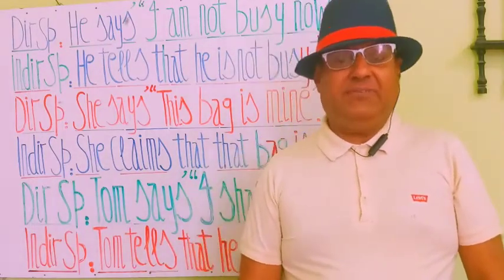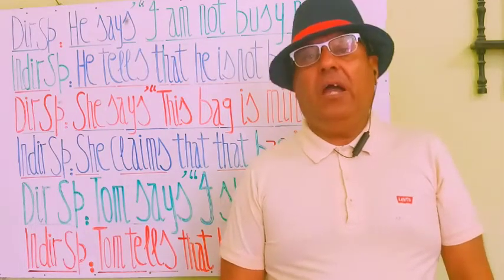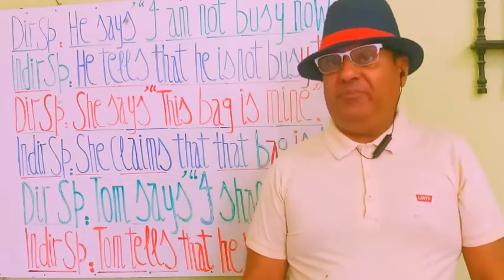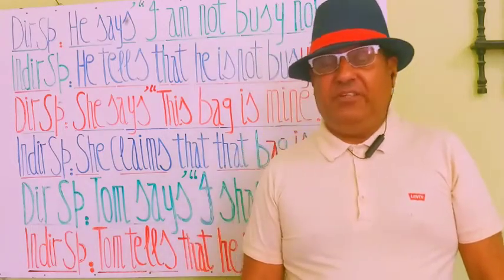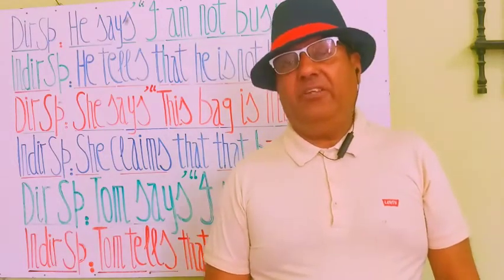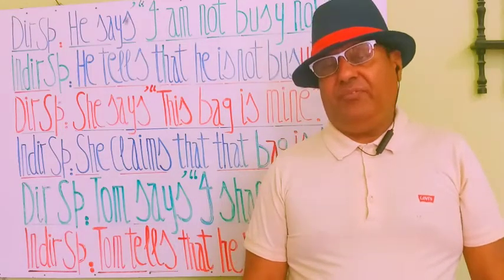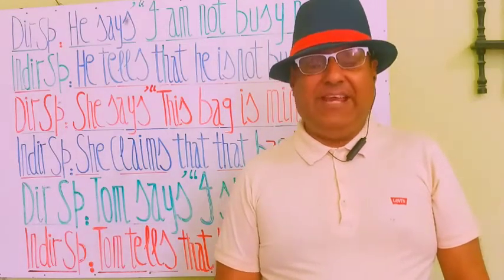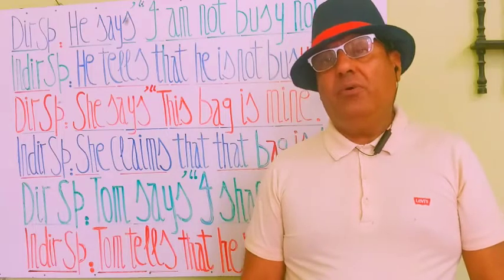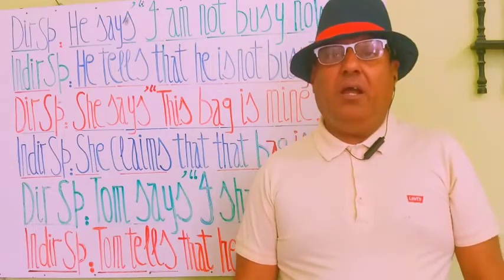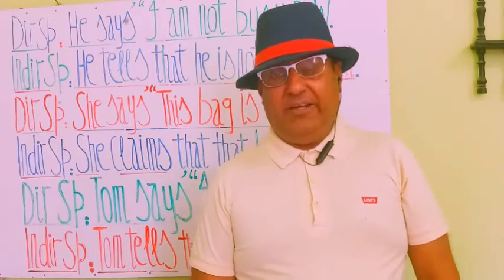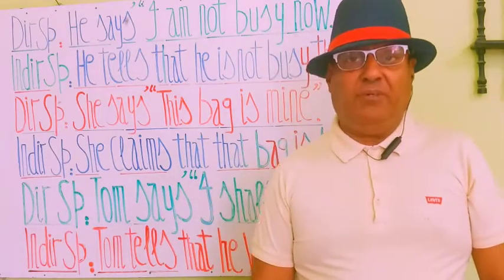It's in two parts. First is a direct speech, and from direct speech we have to change this direct speech into indirect speech. So each of these parts have two statements. First statement and the second statement after the first inside the commas.